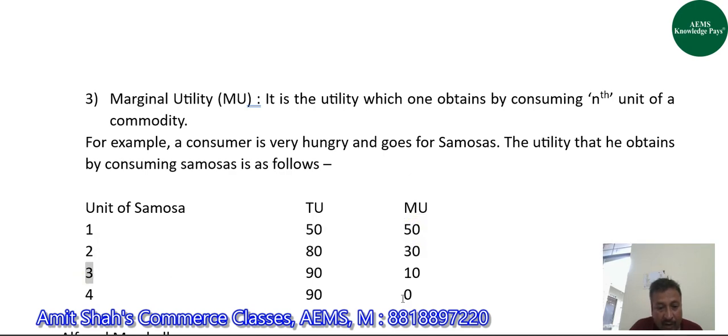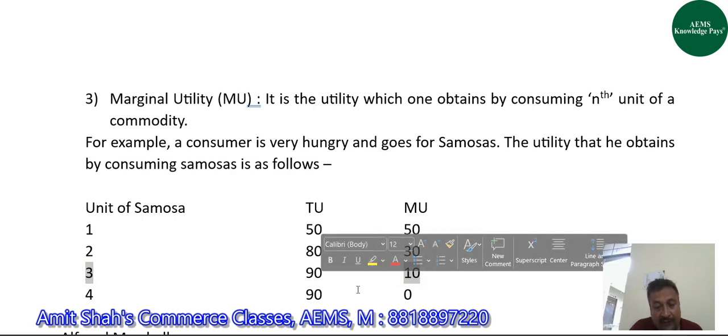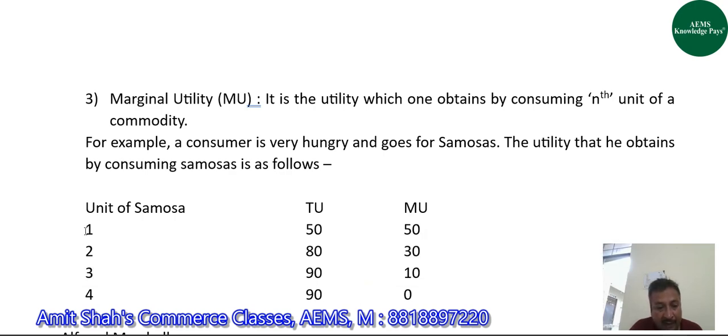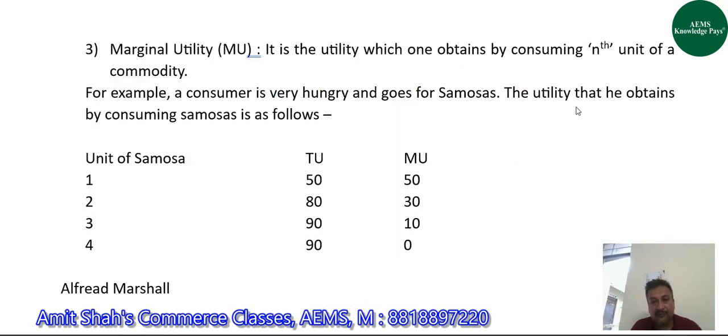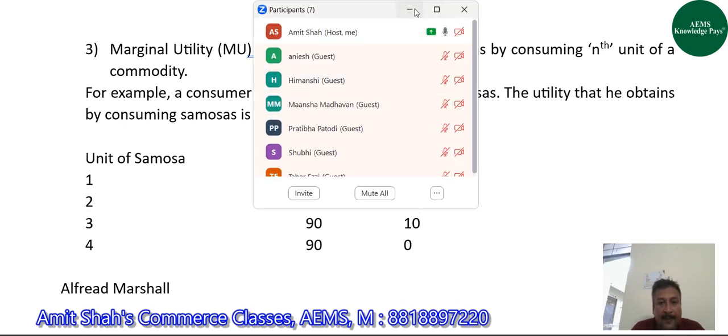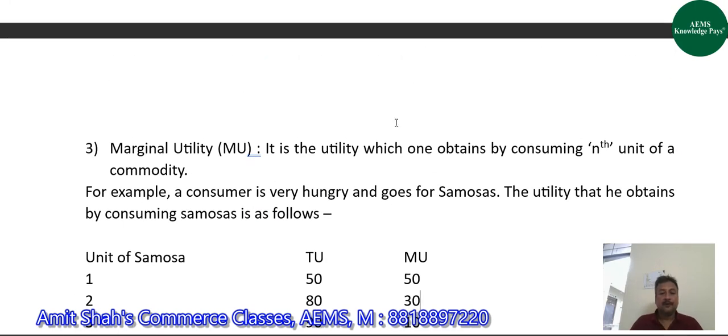From the third samosa, he got a utility of 10 utils. So now his total utility is the utility obtained by consuming all three. Am I clear, guys, or not at all? Yes, sir.